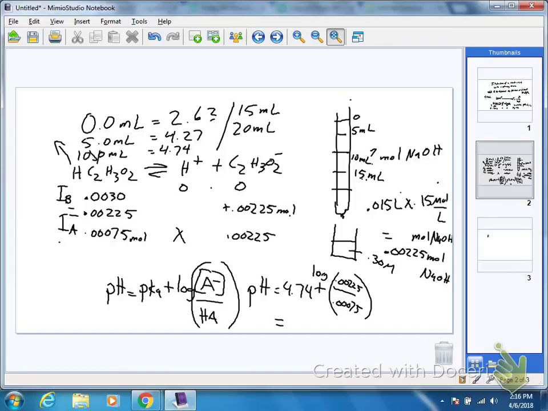That would be 5.22. So after 15 milliliters, the solution should read 5.22.